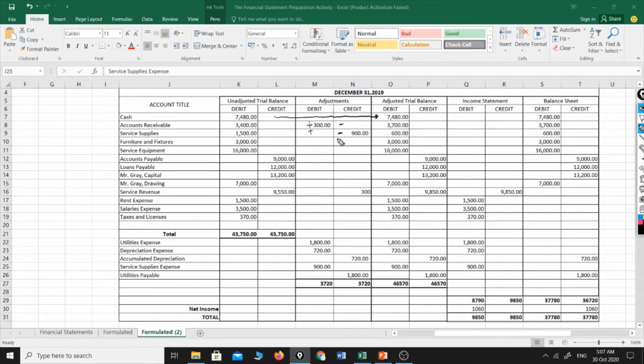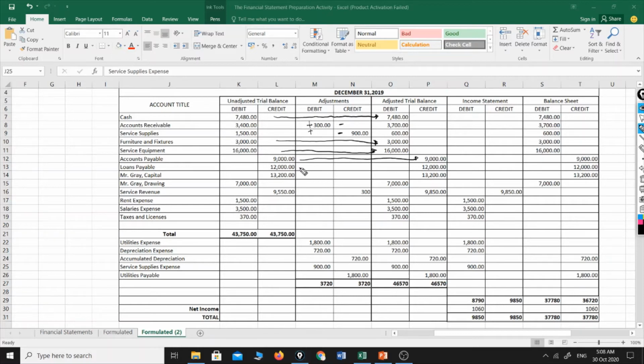As you can see, there is no related adjustment here, so we will just extend this amount. Same with the service equipment, we extend the amount. Of course, you should be careful. If it is on the debit side, you copy that one on the debit side also. For the accounts payable, this is on the credit side with no related adjustment, so extend this one to the credit side of our adjusted trial balance.